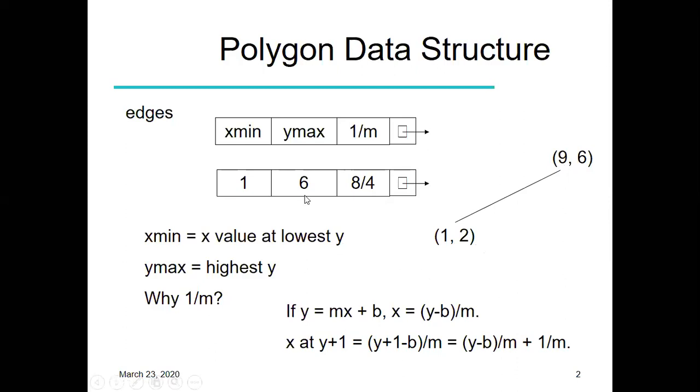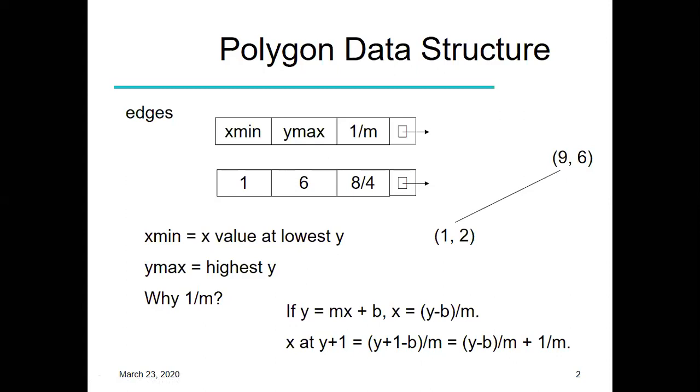The algorithm says you need to carefully take x min and only y max, and the third one. It's kind of a linked list; a linked list has 3 data fields. The first field is x min, the second is y max, and the third is 1 by m.